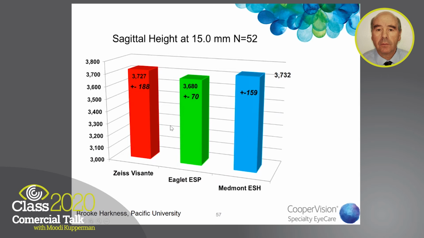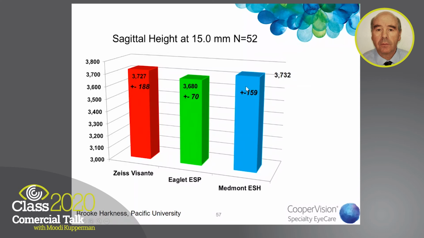When we look at some machines used at Pacific University to evaluate for the same patient the SAG at 15 millimeter, we found out that the Medmont was 3,700, the Eagle Eye was 3,680, and the Zeiss OCT was 3,700.